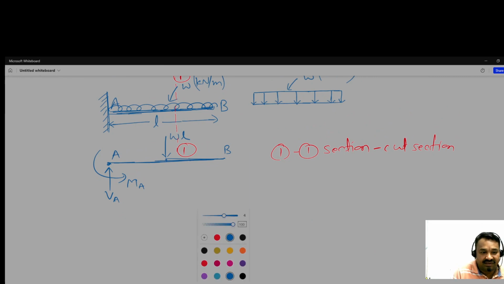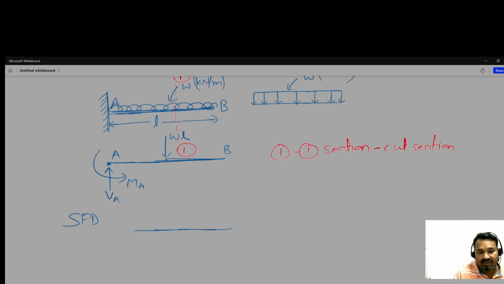So what about the SFD? Here it becomes like this, with A and B, and the magnitude at A is wL, and this is positive shear. Obviously the variation is linear.